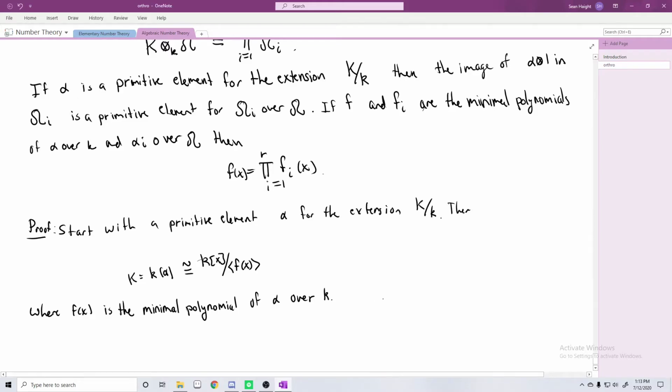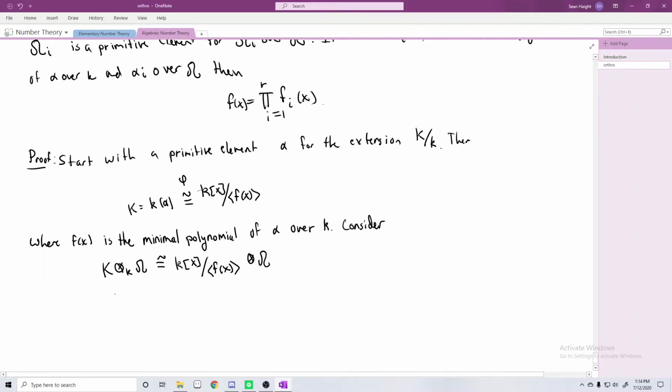So essentially what I'm going to do is consider the following sequence of isomorphisms. Big K tensor over little k with omega is isomorphic, and I'm going to call this isomorphism phi, to k join x mod f of x tensor omega.